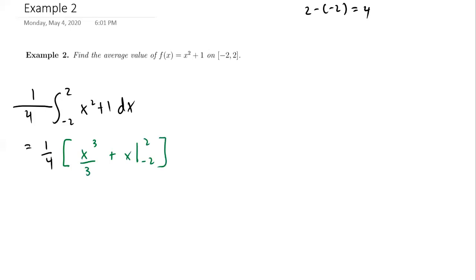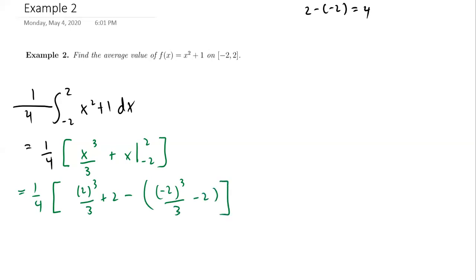Now we simplify this. Again, we don't have to worry about the 1/4 until the end. So what does this mean? You plug in 2: 2 cubed divided by 3 plus 2, minus, and now you plug in negative 2: negative 2 cubed over 3, plus negative 2 for x, minus 2. Now let's simplify. 2 cubed is 8, so that's 8/3 plus 2.